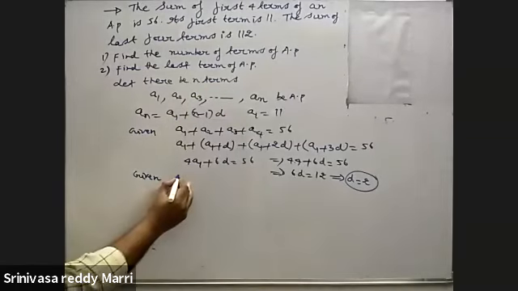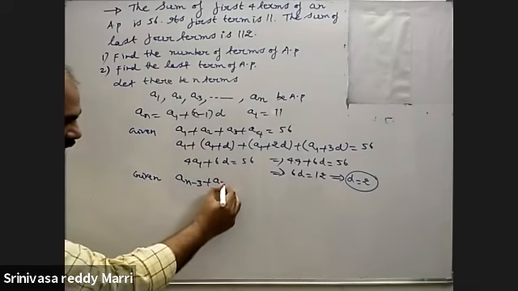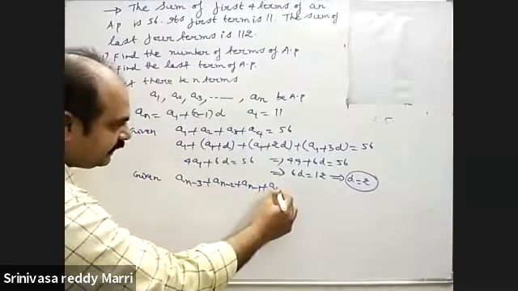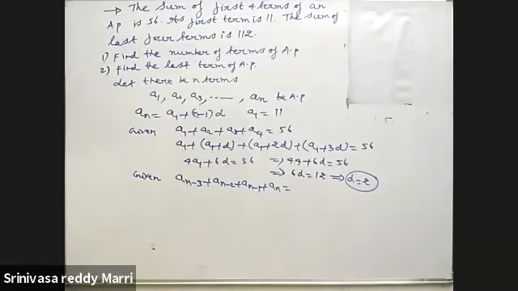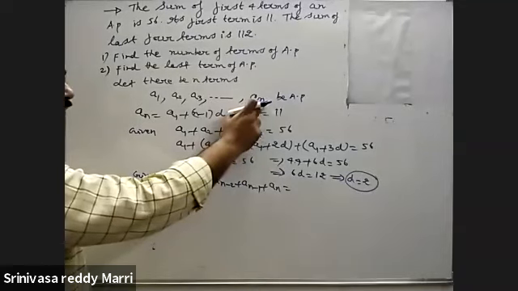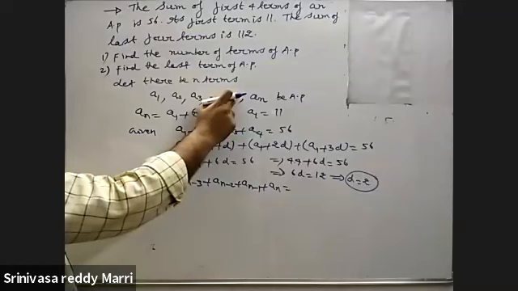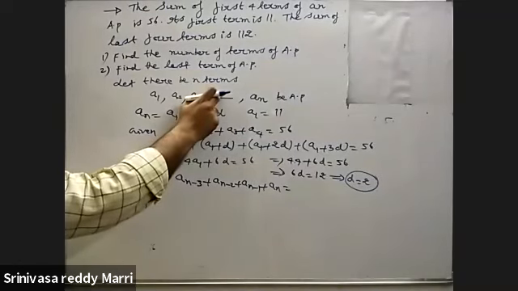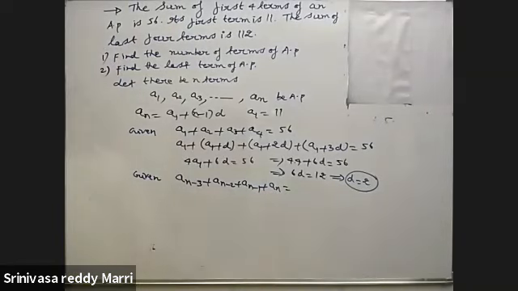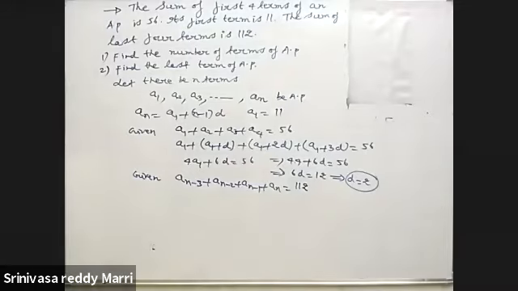The last four terms sum is an minus 3 plus an minus 2 plus an minus 1 plus an. That is given as 112.